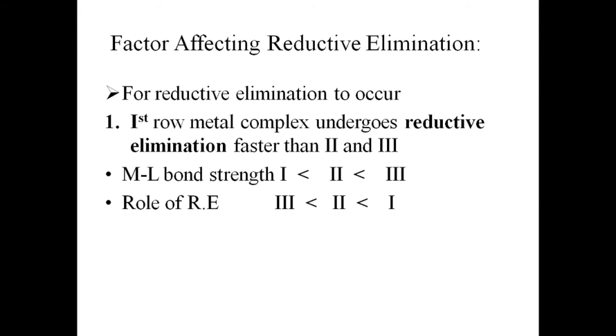Now, factors affecting reductive elimination. Dear student, for reductive elimination to occur, the first factor is that first row metal complexes undergo reductive elimination faster than second row, which tends to be faster than third row.